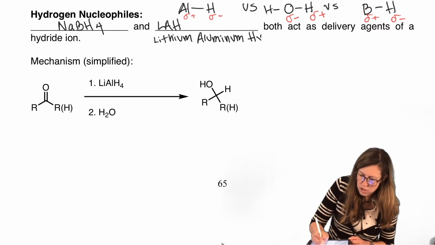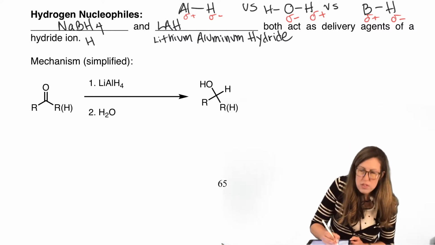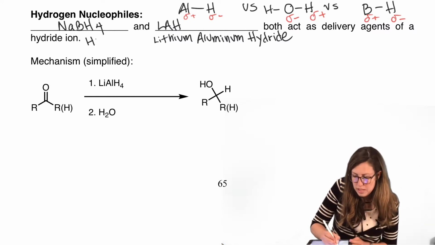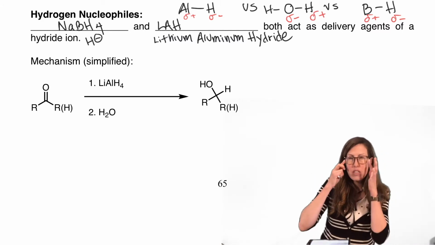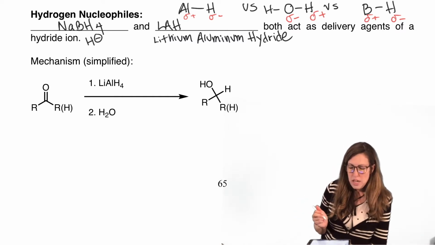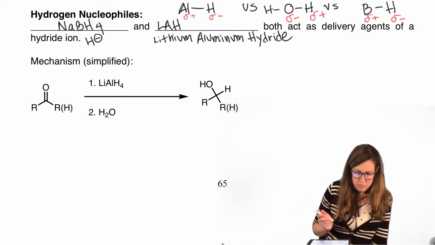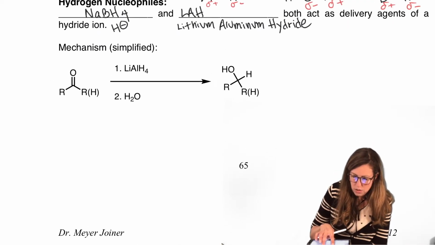Notice the name hydride. They both act as delivery agents for a hydride ion. You can almost think of the simple mechanism as it's almost like it's giving you an H-. It doesn't truly dissociate from the metal and act as a lone H-, but that's essentially what you can simplify it to.